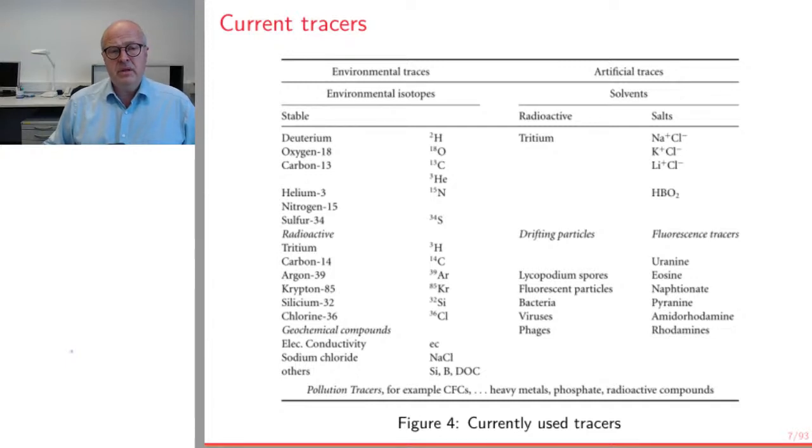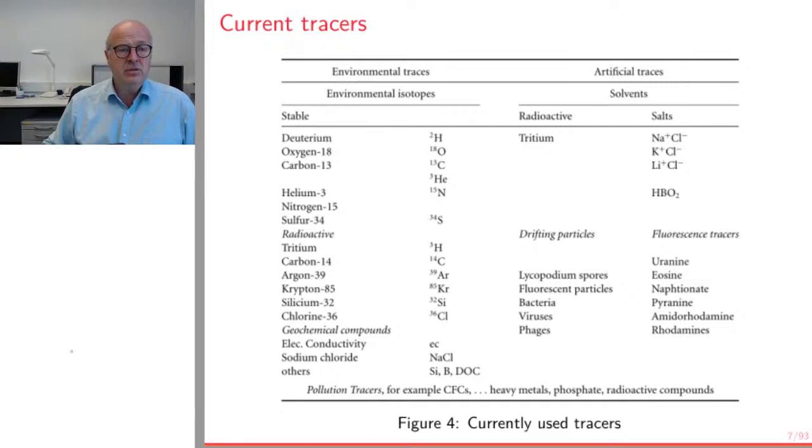Now, tritium has been used in hydrological studies in the 1970s and 1980s, but if you want to use tritium in a laboratory, you need permits to handle radioactive substances. You need to be trained to do it. You need to make sure that you do not contaminate yourself, material, other people, the environment.